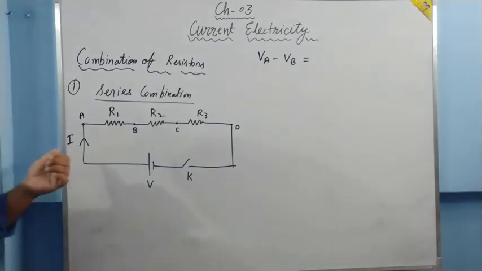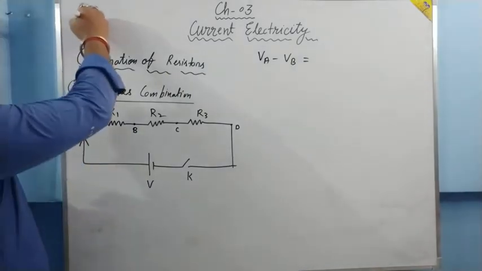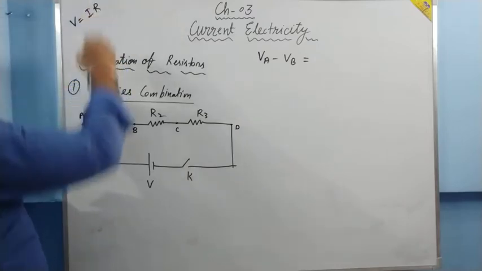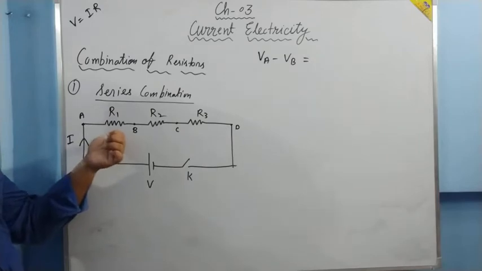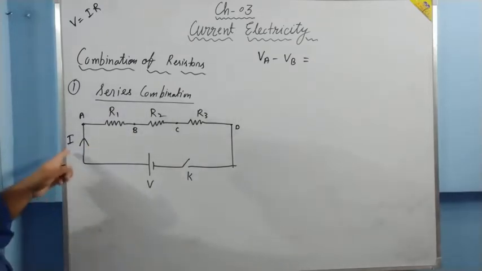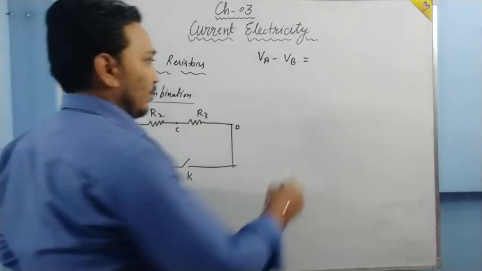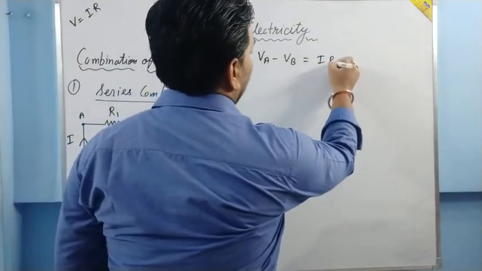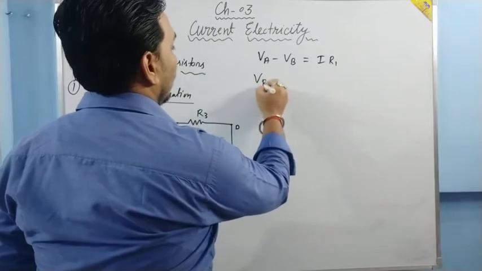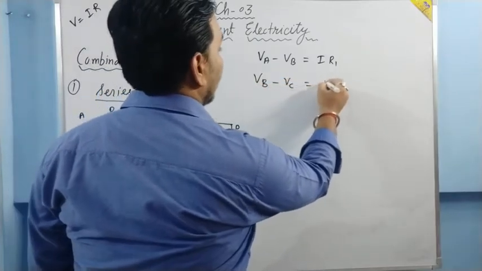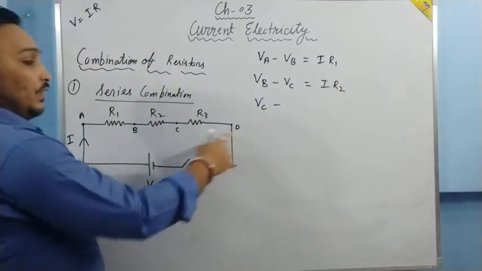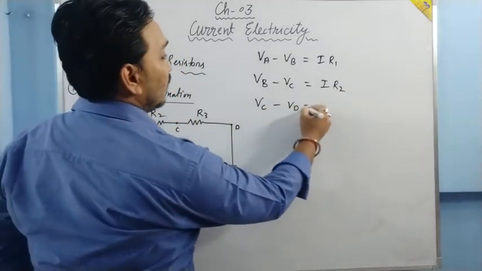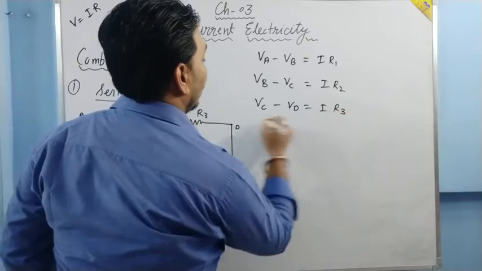Since from Ohm's law we write V is equal to IR, in between A and B there is a resistance R1 and the current which is flowing through R1 is I. So I should write IR1. In the same manner, VB minus VC is IR2. In the same manner, VC minus VD is IR3.